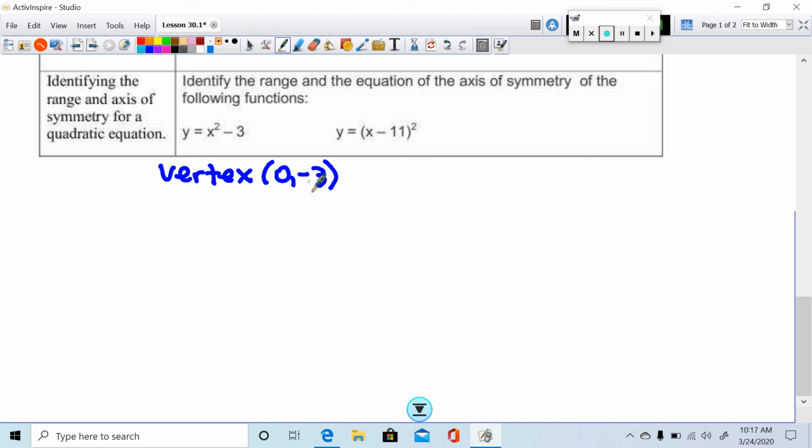So the range is the y value. This parabola, if the leading coefficient is positive, it opens up. If it's negative, it opens down. So this is a positive x squared, so it's going up.